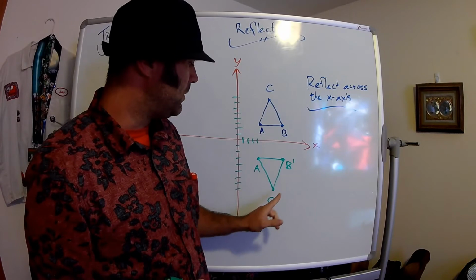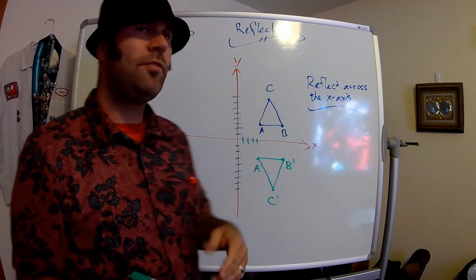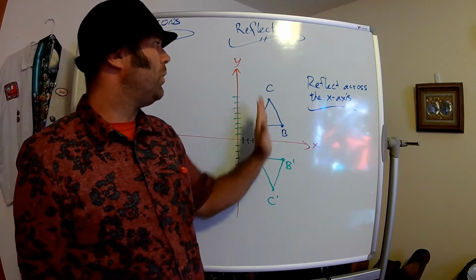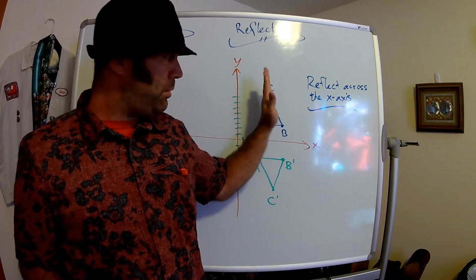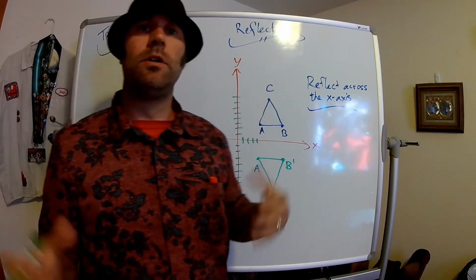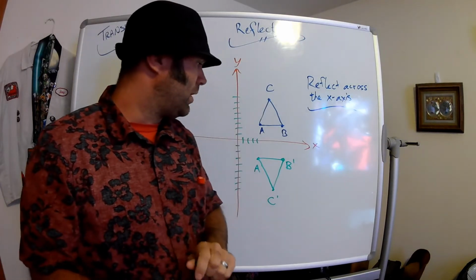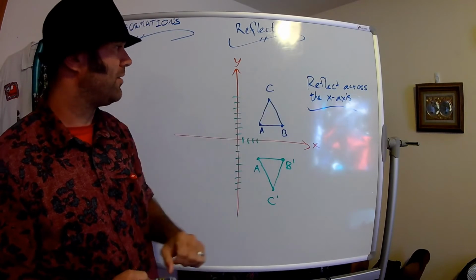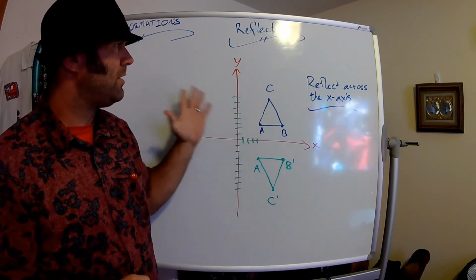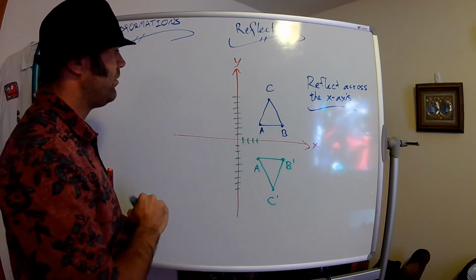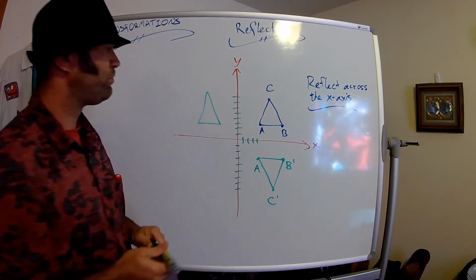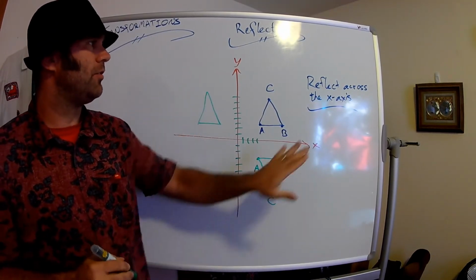A prime, B prime, and C prime. And as you can see, it has changed its orientation. C was pointing up, and now C is pointing down. This is what happens with our reflection. So that's a pretty simple reflect across the x-axis. If we reflected across the y-axis, if you recall, we would have just been over here somewhere. So that's reflecting across the y-axis.